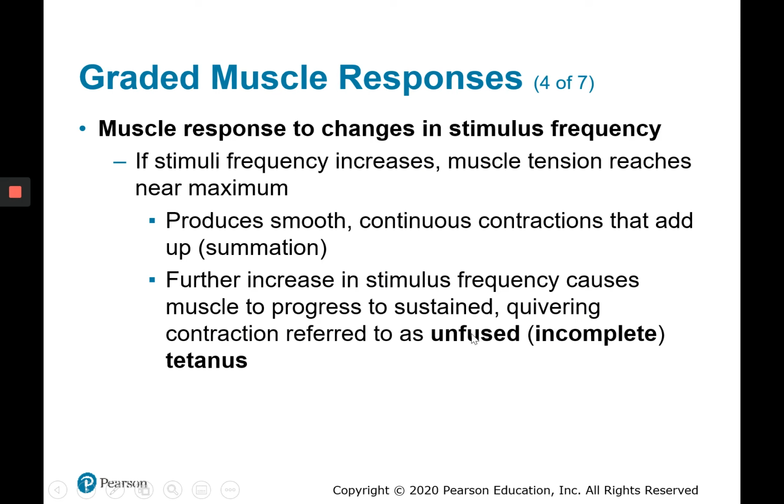So again, the term I just used was unfused or incomplete tetanus, and that's being caused by an increase in frequency of stimuli. So if stimuli frequency increases, muscle tension reaches near maximum, and even this unfused or incomplete tetanus can be a smooth, continuous contraction because of that temporal wave summation that occurs.